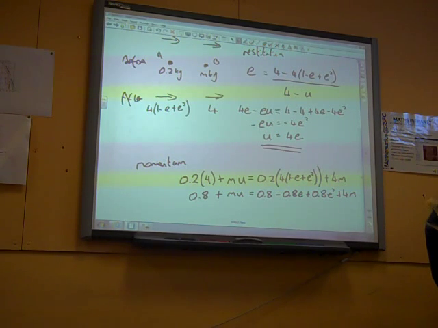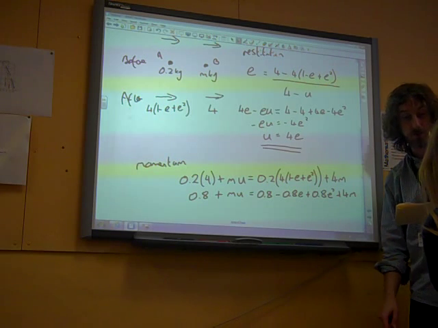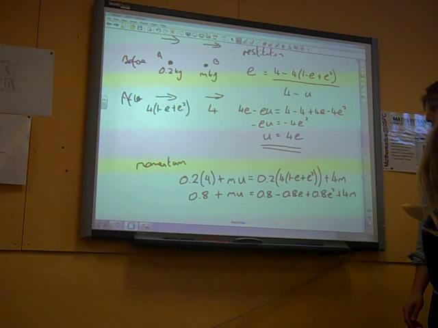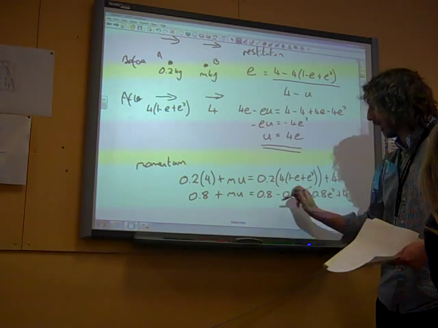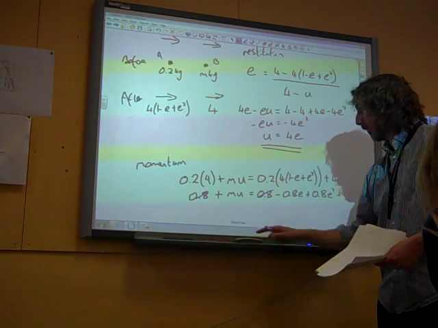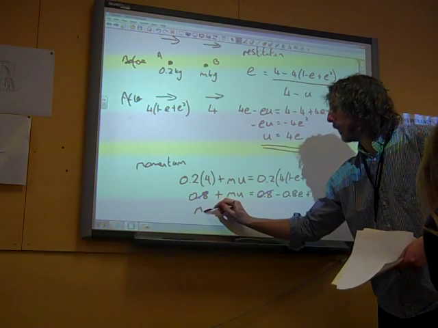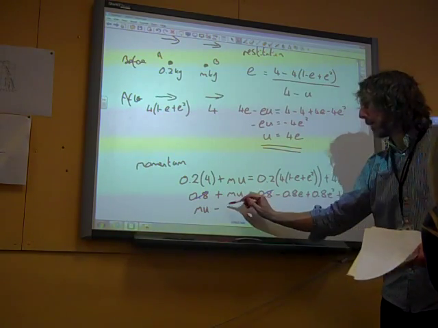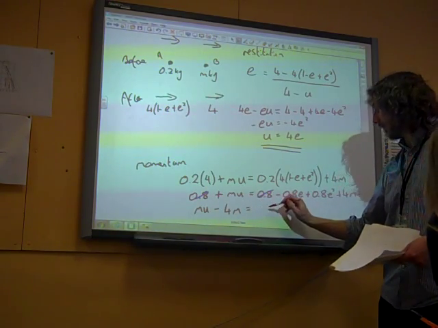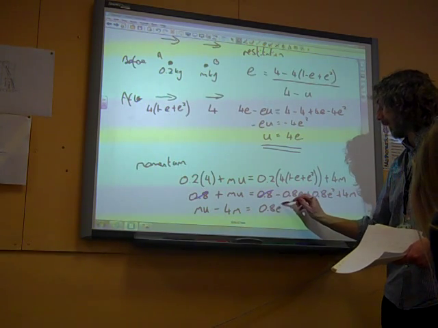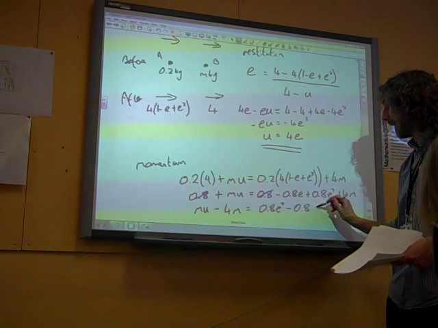That's where we are. Well, great. 0.8 I can subtract from both sides. I'm wanting to find out what m is, so I'm going to bring all the m things over to one side. So let's get rid of that 0.8, that's gone. I've got mu, take away 4m, is 0.8e² minus 0.8e.